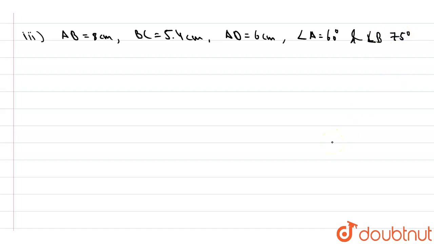So it means we have to make this. First we have to make angle A and angle B. AB is 8 centimeter, so make a line AB which is 8 centimeter. This is the 8 centimeter line AB.